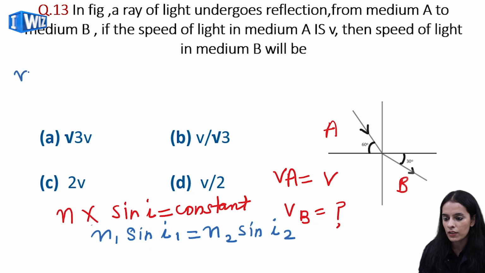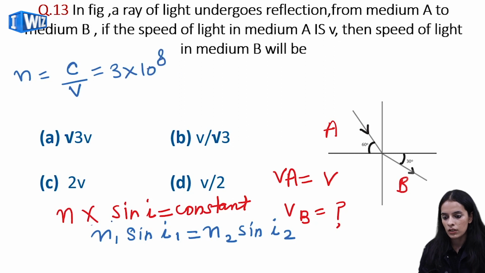N is called the refractive index, and refractive index is equal to C upon V. C will stay the same as it's the speed of light, and its value is always 3 into 10 raised to power 8. So let's put it over here: N1 is C upon V1.